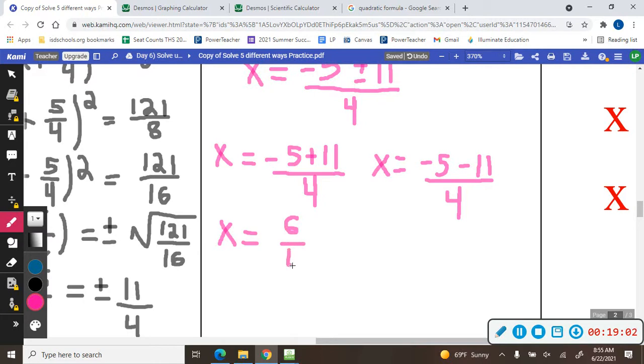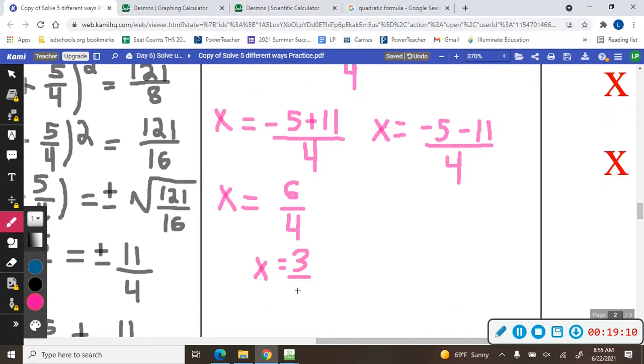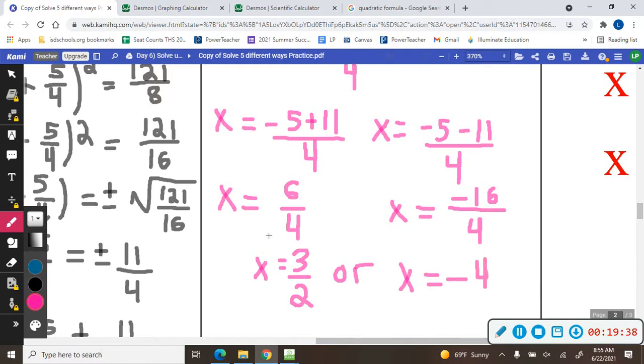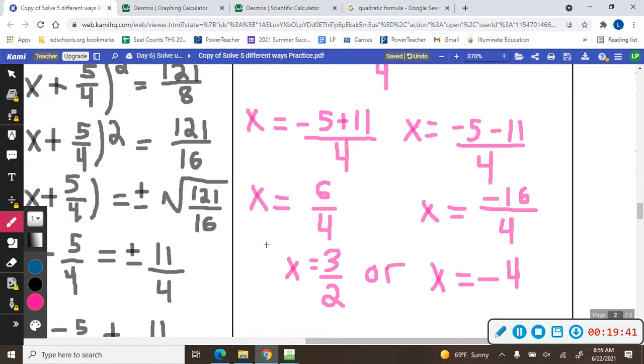And 6 over 4 reduces to 3/2. Or, here you subtract, negative 5 minus 11 is negative 16. And if you take negative 16 divided by 4, you get negative 4. So again, I got 3/2 and negative 4.